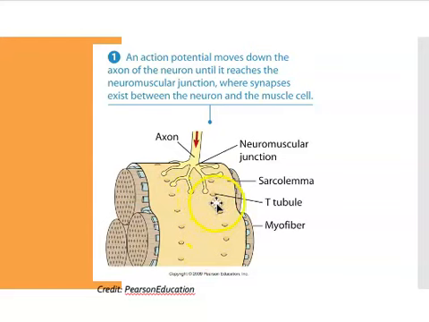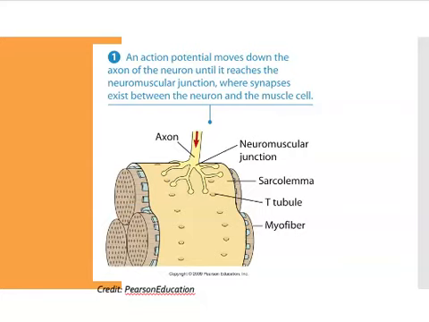But on the sarcolemma, that is a specialized area that can respond to acetylcholine because it's got acetylcholine receptors in it. So the region of the sarcolemma that is part of the neuromuscular junction is called the motor end plate.